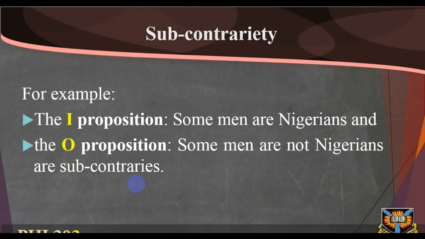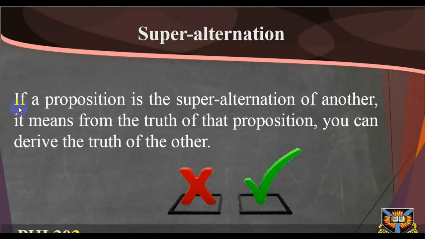4. Superalternation. If a proposition is the subaltern of another, it means from the truth of that proposition, you can derive the truth of the other.